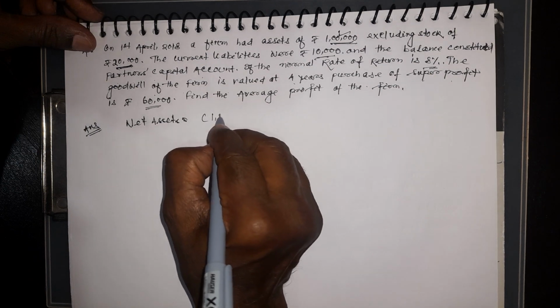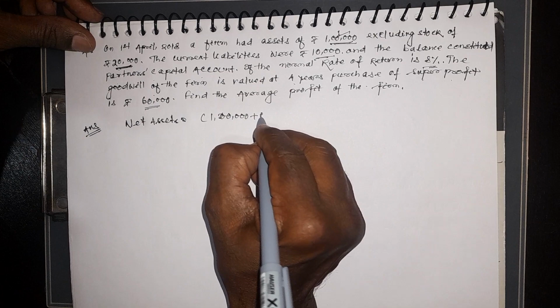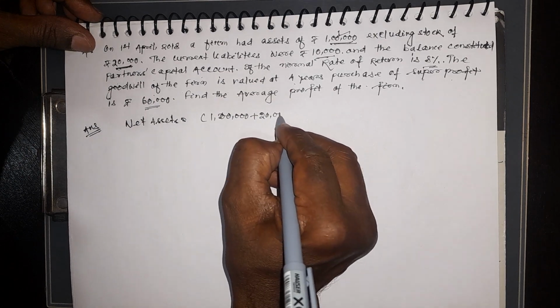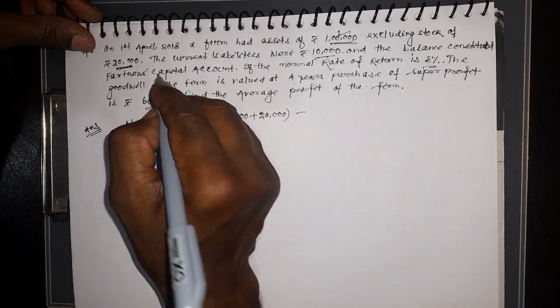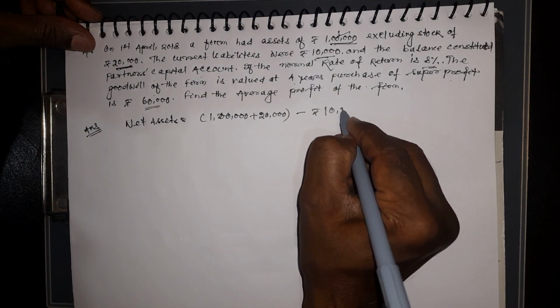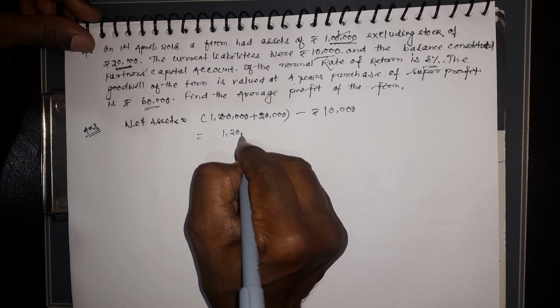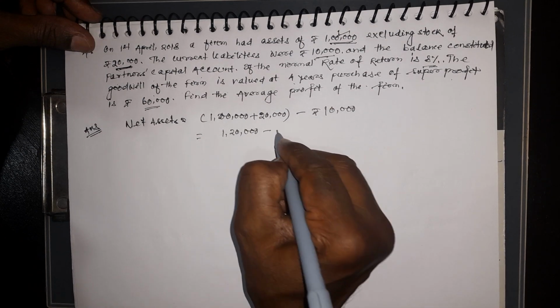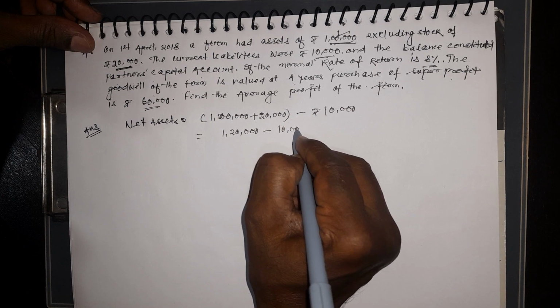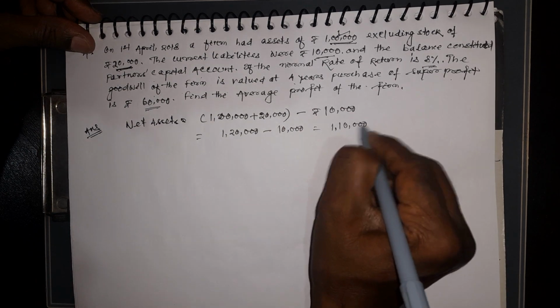So assets will be 1 lakh plus 20,000, minus outside liability or current liability, that is 10,000. So 1,20,000 minus 10,000 will be 1,10,000. This is the net assets.